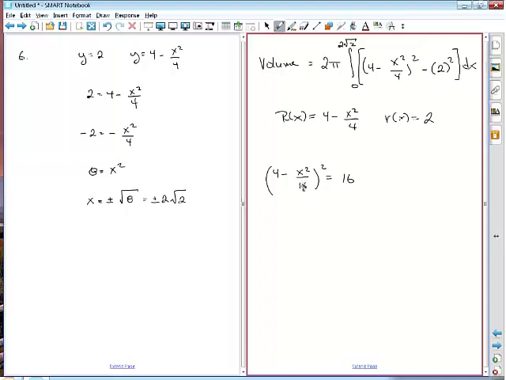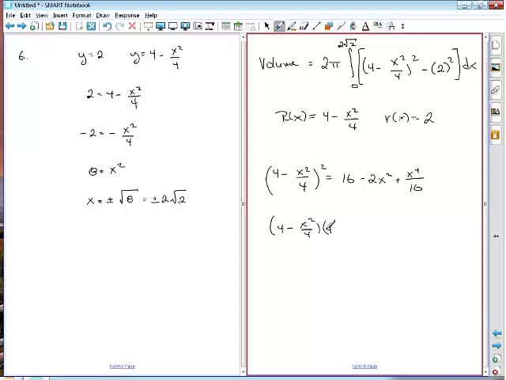The 4's cancel out, and so you just get negative x squared. And you have 2 of those because you have both the inner and the outer. And then you square this part, which would be plus x to the 4th over 16.